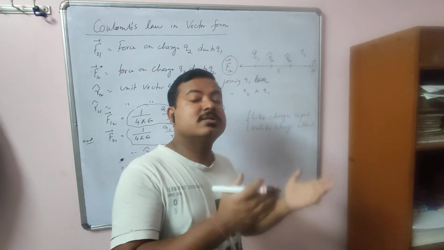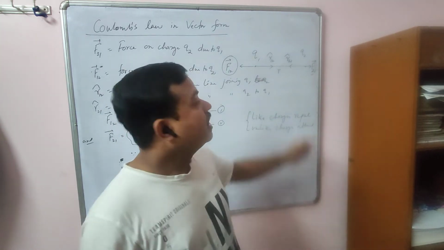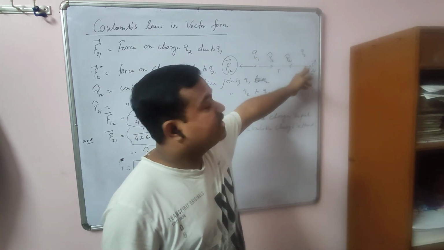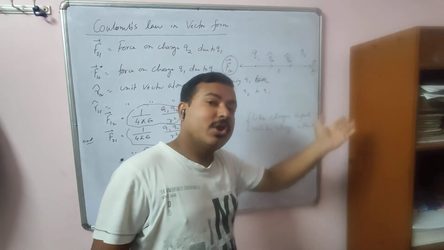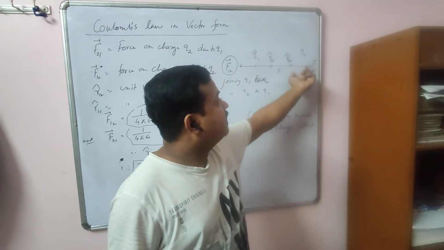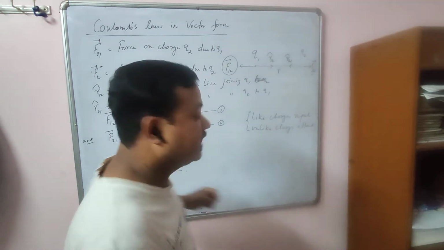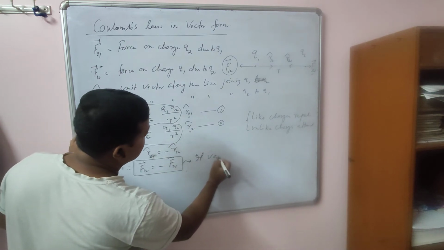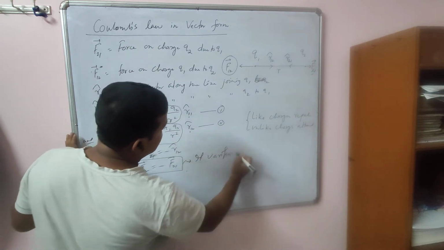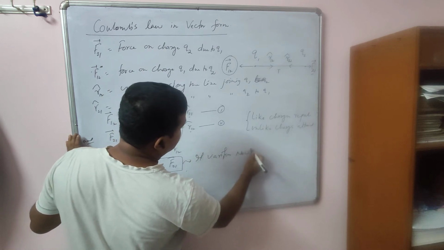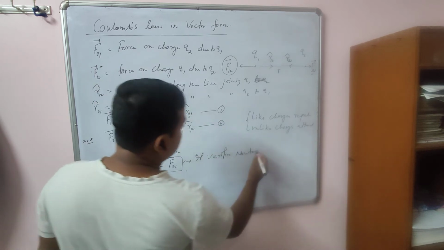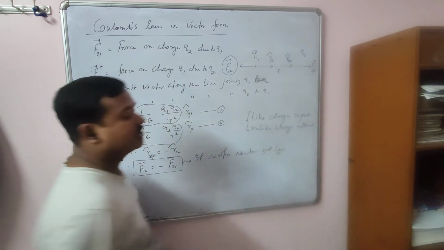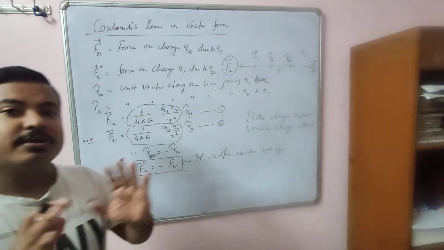Every action has an equal and opposite reaction. So whatever force is exerted by this charge on this charge is exactly equal and opposite to the force exerted by this on this. So from here it verifies Newton's third law.